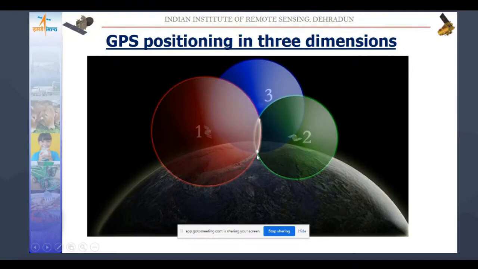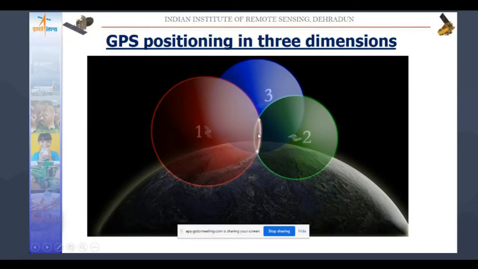Earlier, with only one sphere, we did not know where the receiver was; it could be anywhere on the first sphere's surface. When we included the second, we got one circle, so we know the receiver is somewhere on this circle boundary.